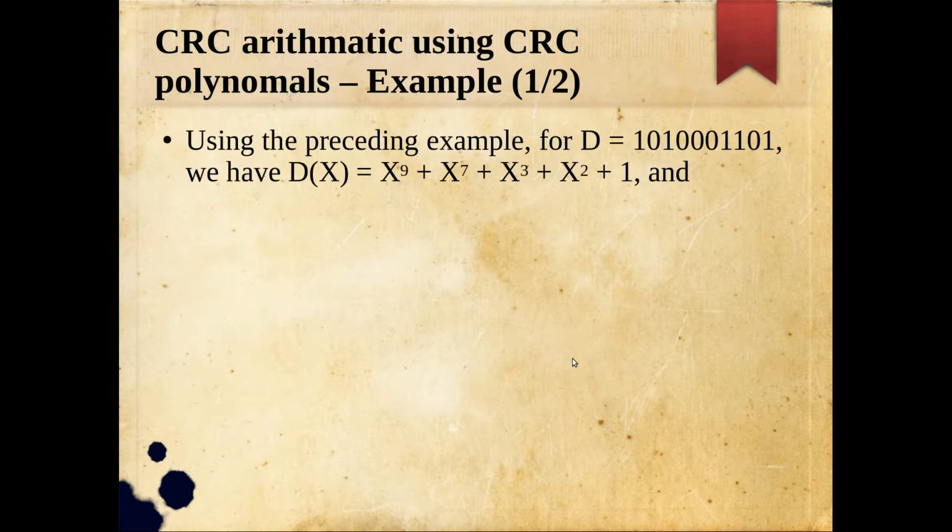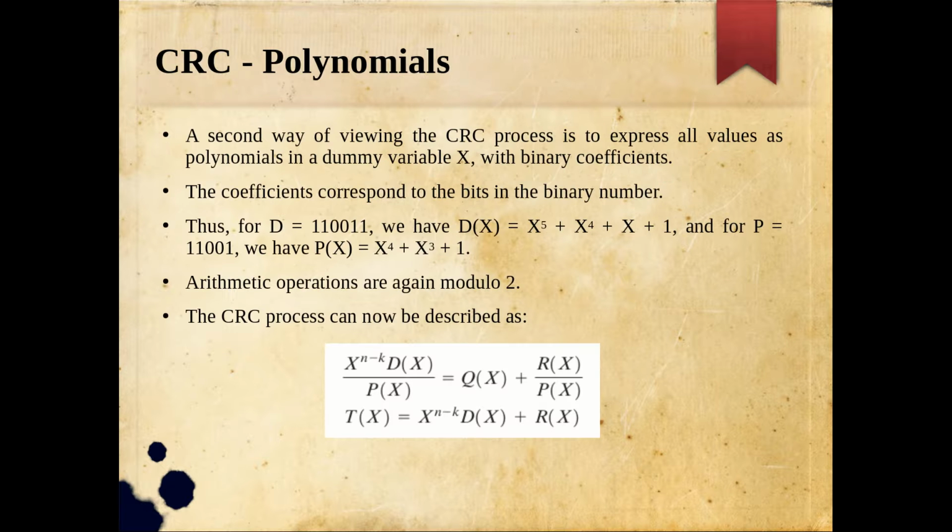Just for the sake of understanding you can see that, but in exams, I think most of the time they ask from the binary representation only. If they are asking in this way also, you can do it. Sometimes they may give only the CRC pattern p as a polynomial, and other things in binary. So if somebody gives you a polynomial, then you know the reverse process also, right?